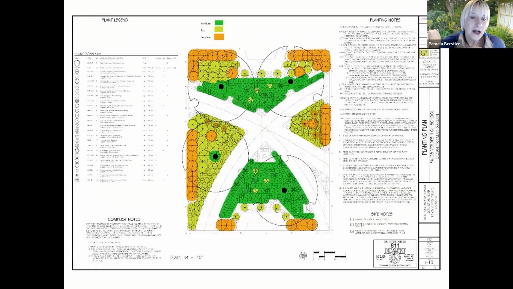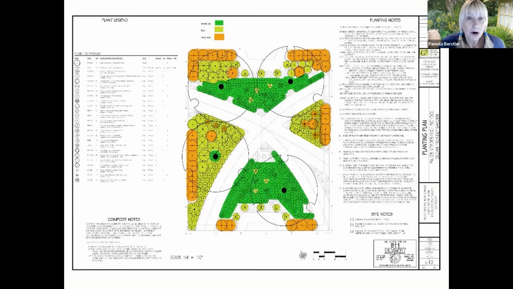Again, making a kind of color-coded plan, I find to be really, really helpful, because it shows us if we have hydrozones where we have a mixed zone of moderate water use with low water use, or whatever.